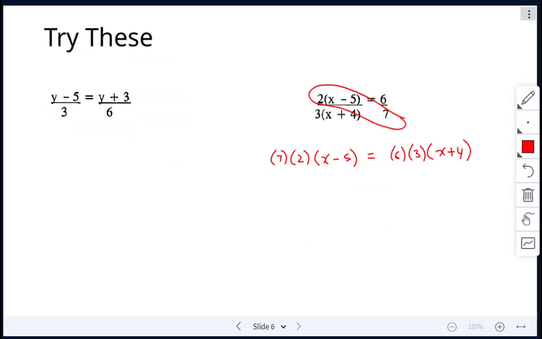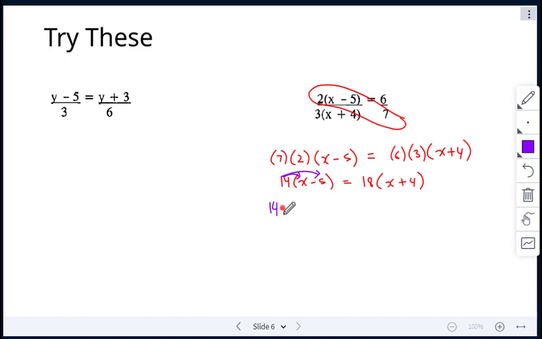So when we multiply the 7 times 2, that gives me 14 times x minus 5. And then this time we had 6 times 3, which is 18 times the x plus 4. All right, so the next step here, we would just use the distributive property, multiply 14 to everything inside the bracket here.